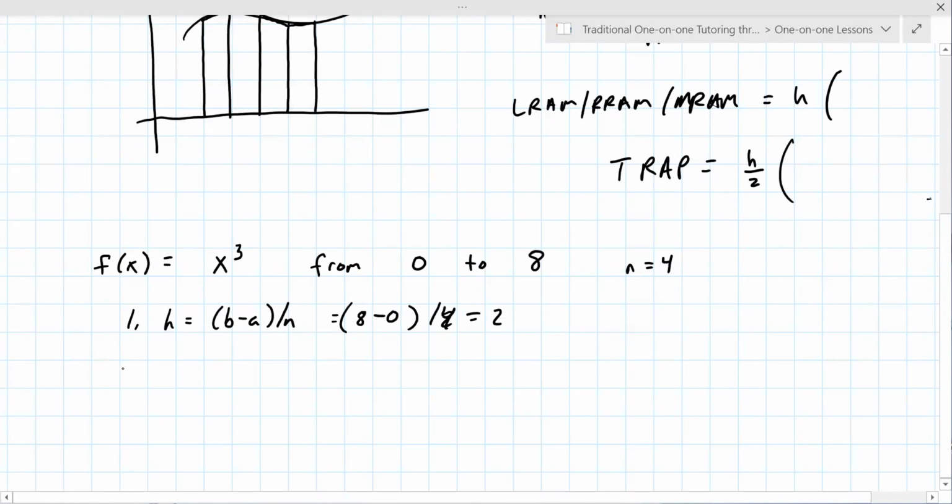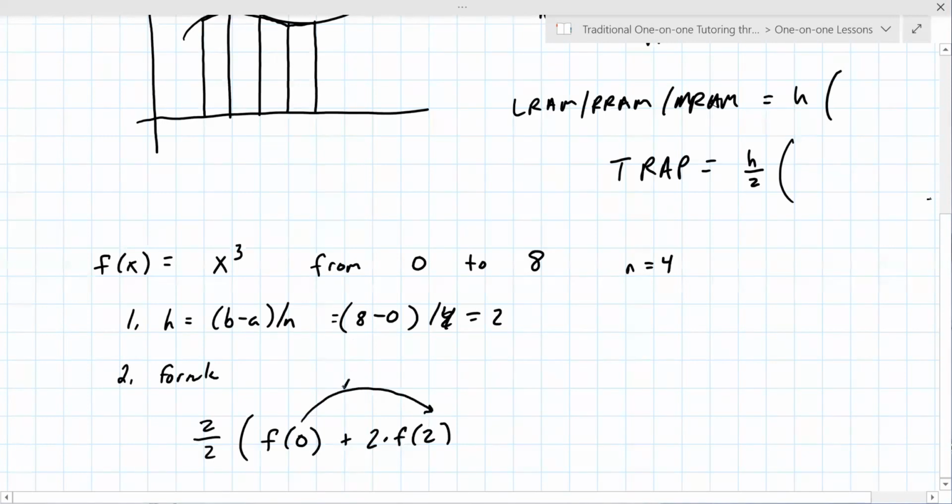Then the second thing is to start your formula here. The main difference of the trapezoid and the other formulas is that you use the endpoints once, but the interior points you use twice. And you'll see that in the formula. It's better just to do an example. So it's 2 over 2 times f of 0, that's your left endpoint, plus 2 times f of 2, and this is delta x, or h, to go from this one to the next one.